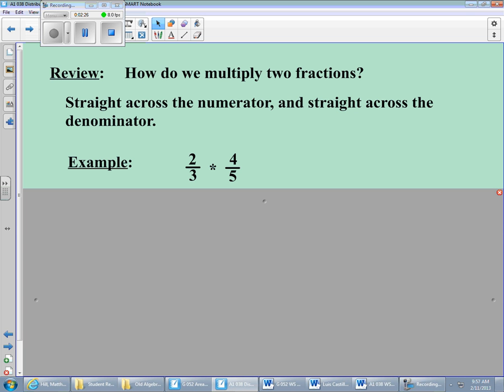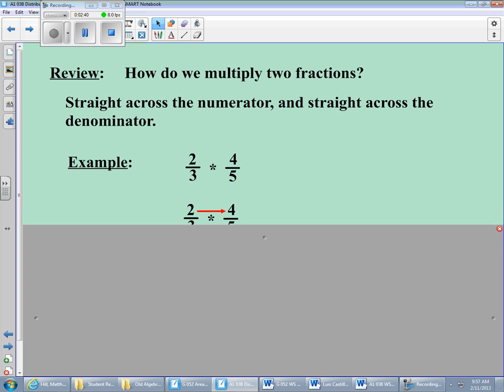Okay, so if you were presented with a problem, something like 2/3 times 4/5. Well, how do you do this? 2/3 times 4/5. What do you think? Straight across. So you're going to go 2 times 4. You're going to go 3 times 5. So what's the product end up being?